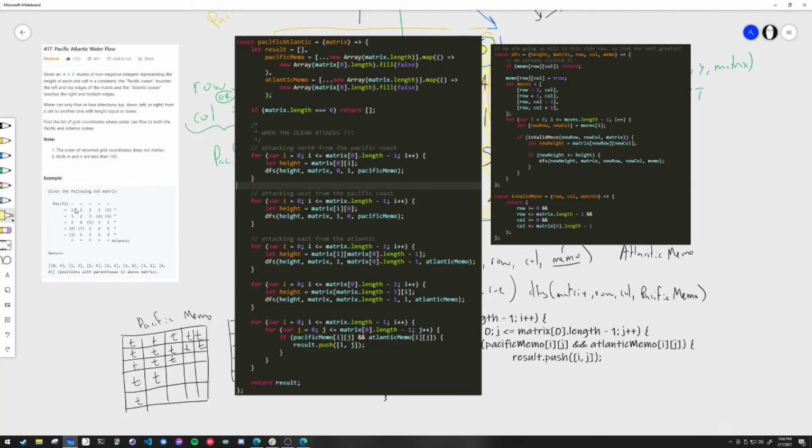So 1 is the height at that point. Right. Oh, okay, got it. That's the current node. Exactly. Okay, and then new height would be new row, new column. Where's new row, new column? Moves. Can't really read that. Moves.